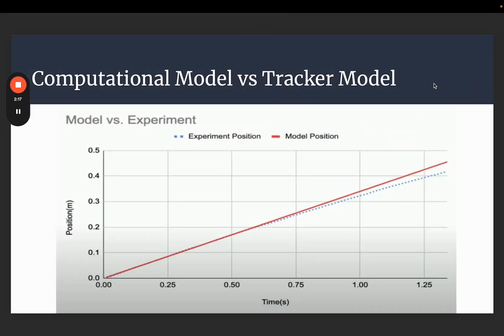And here we can compare my computational model data versus the tracker model data. The experiment position was generally pretty close to the model position. However, there were some discrepancies, which can be seen around 0.75 seconds and after that.